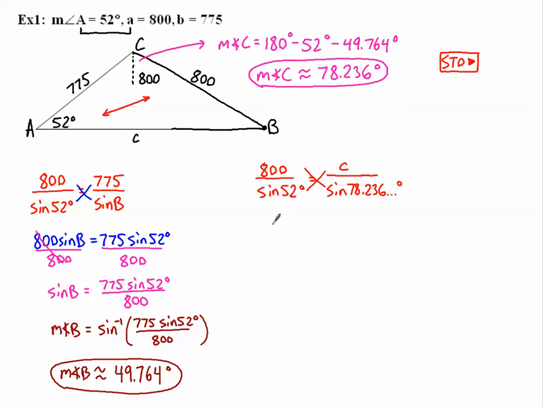Let's cross multiply here. I've got C times the sine of 52 degrees is equal to 800 times the sine of 78.236... degrees. Let's divide the sine of 52 degrees away.